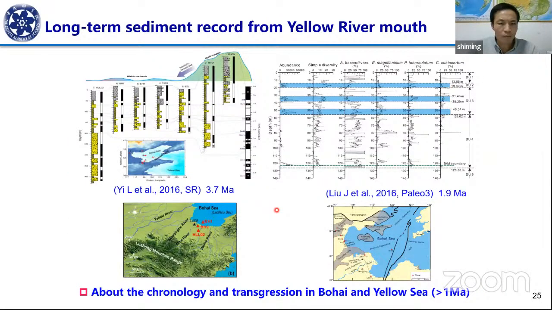For the long term, the sediment records mostly came from the river mouths of the Yellow and Yangtze Rivers, because they are easier to drill. For the Yellow River, the oldest sediment is around 3.7 million years, and this study is very good, focusing on the chronology and the transgression in the Bohai and Yellow Sea.